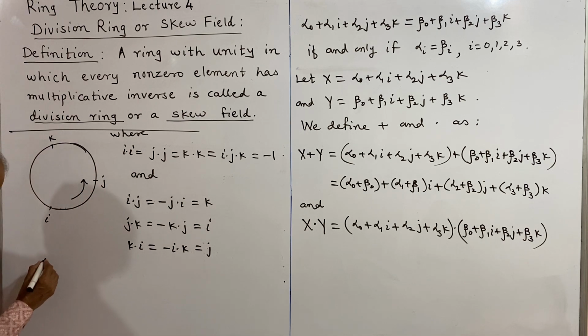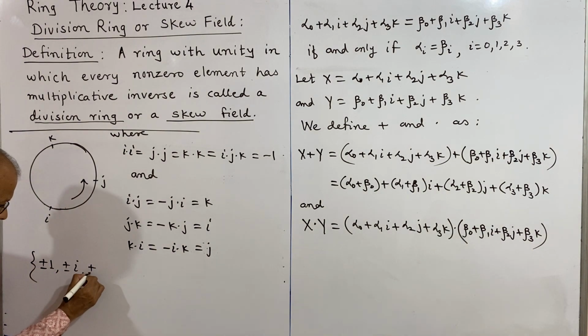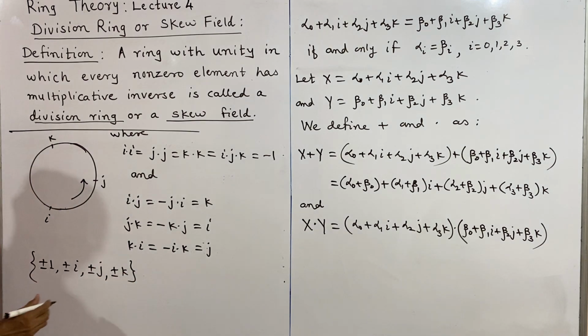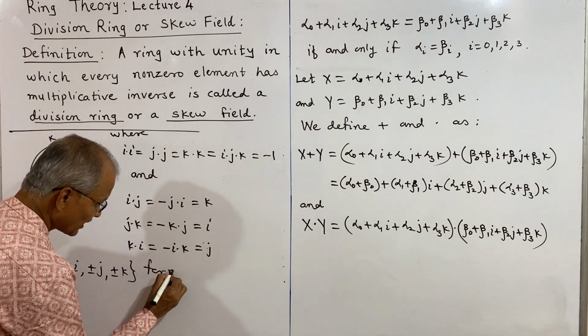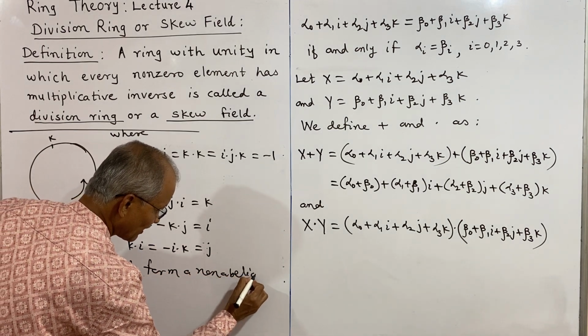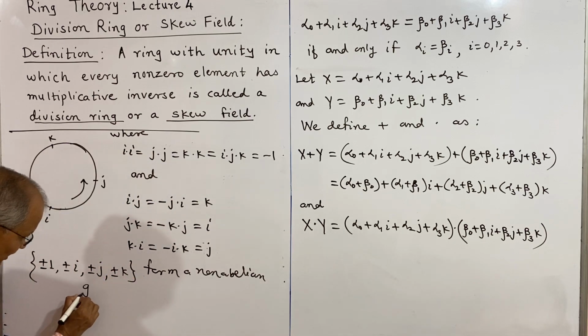Therefore, actually what we have is the quaternions, and we can form these 8 elements, plus minus 1, plus minus I, plus minus j, plus minus k, which form a non-abelian group under multiplication.